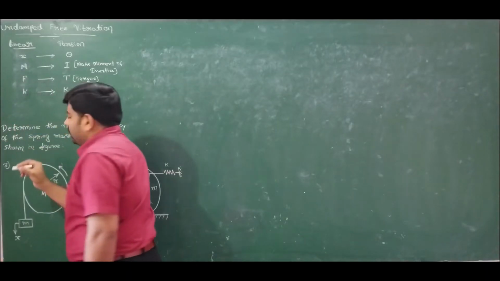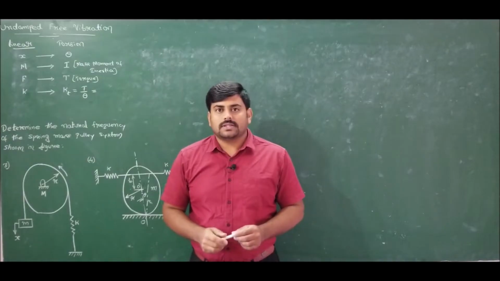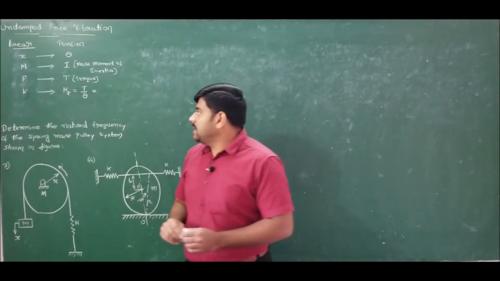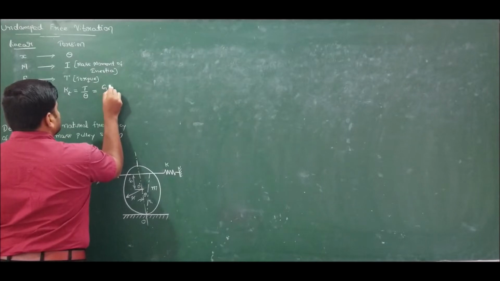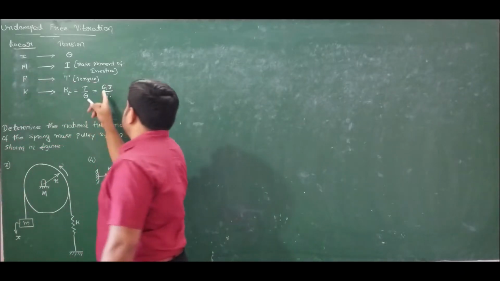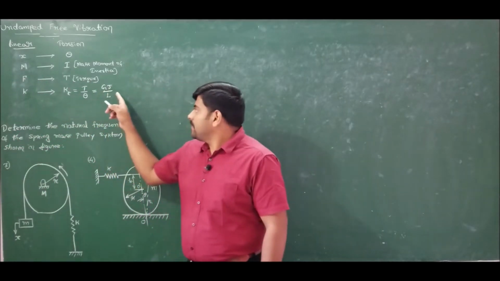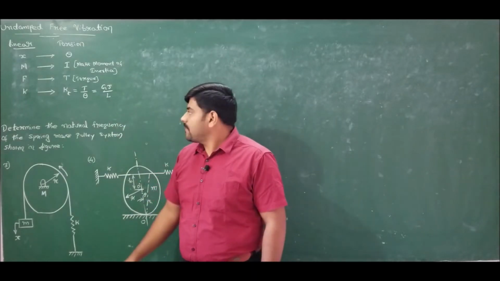If you recollect the torsional equation which you have already studied, T by theta can be written as GJ by L, where G is modulus of rigidity, J is polar moment, and L is length.